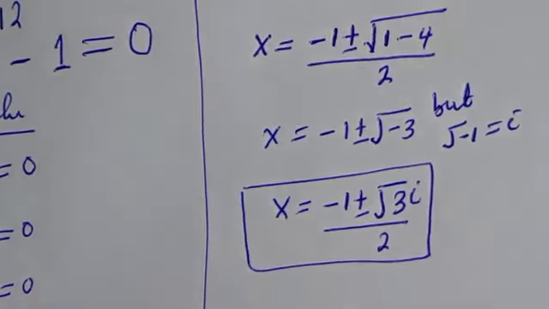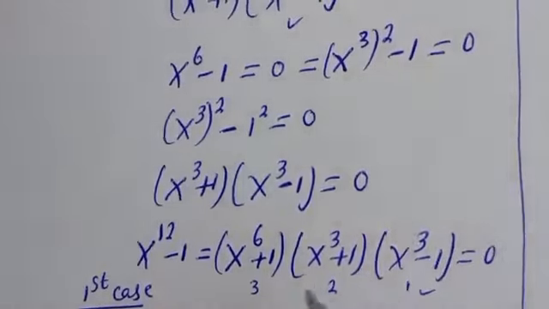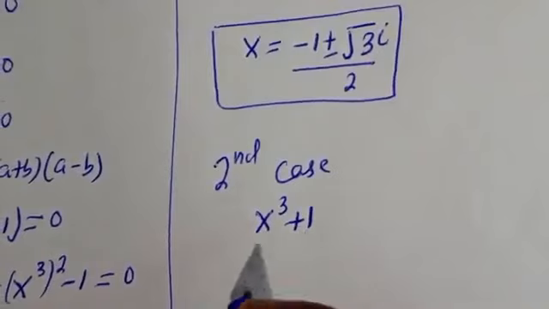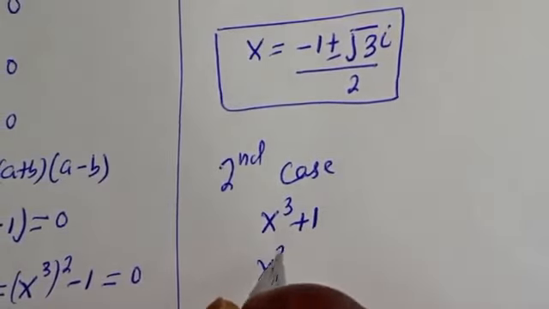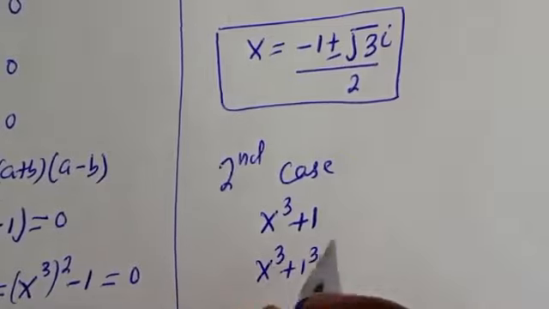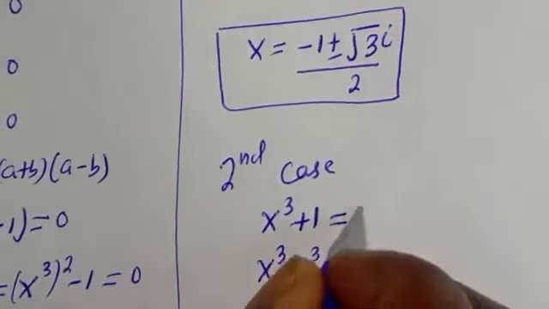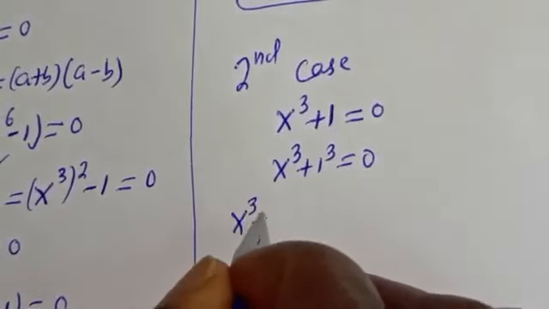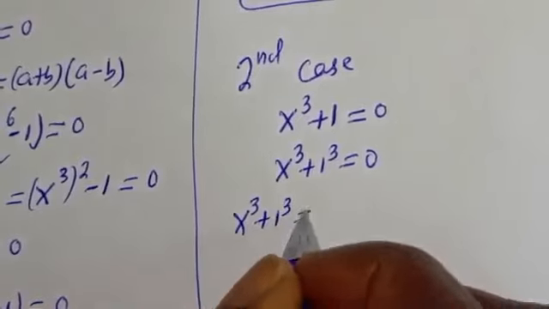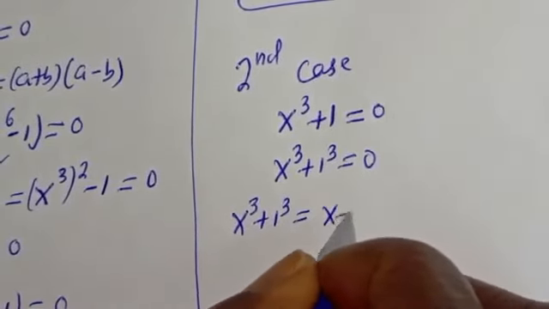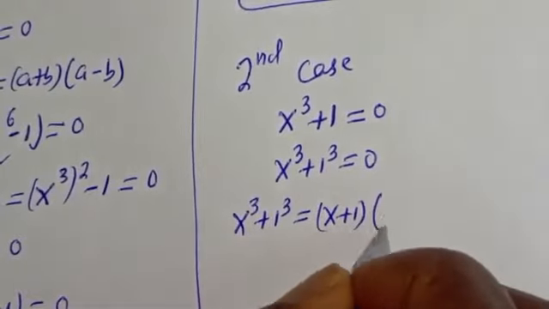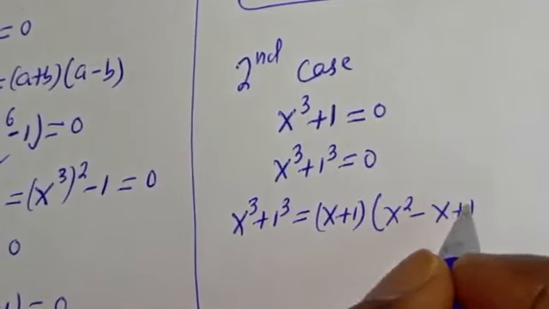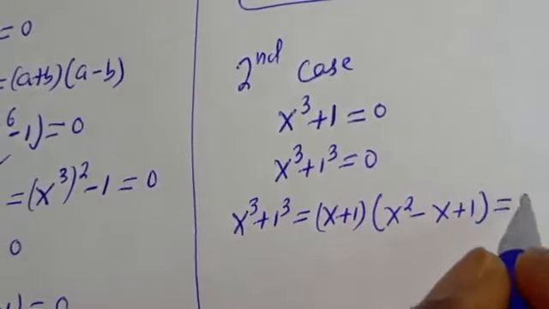Then let us consider the second case. From here, s raised to power 3 plus 1. The second case is s raised to power 3 plus 1, and this can be written as s raised to power 3 plus 1 raised to power 3 equal to 0. s raised to power 3 plus 1 raised to power 3 is equal to s plus 1 bracket s squared minus s plus 1 equal to 0.